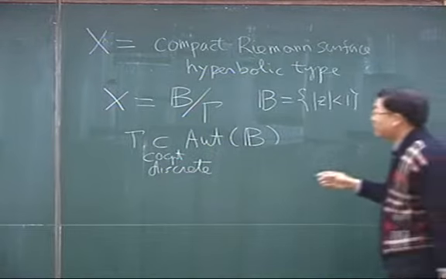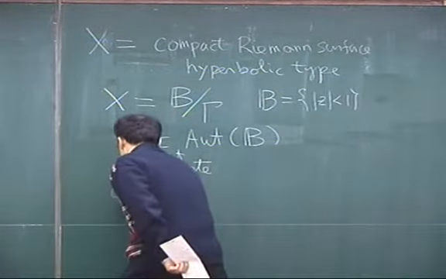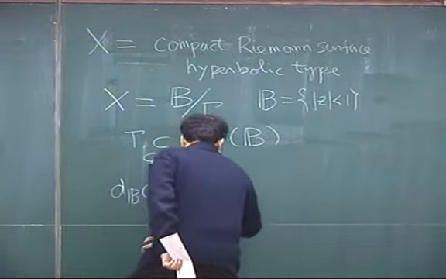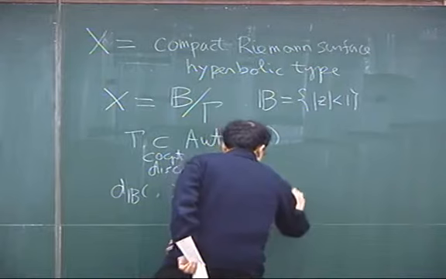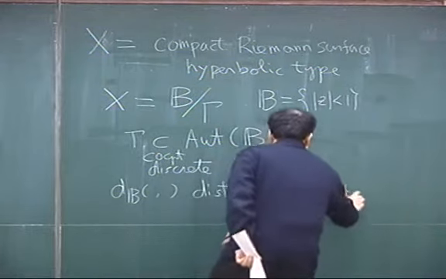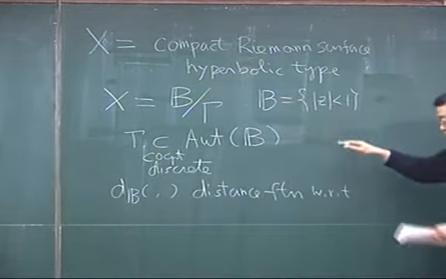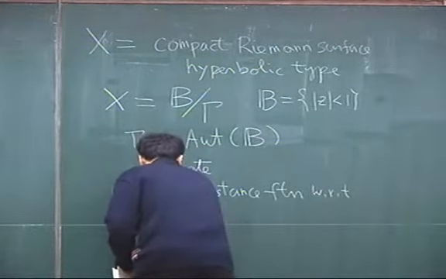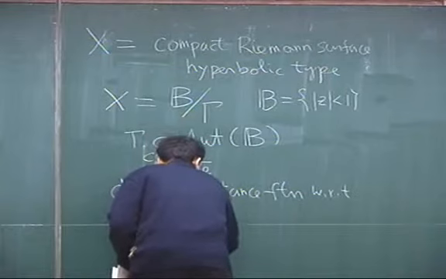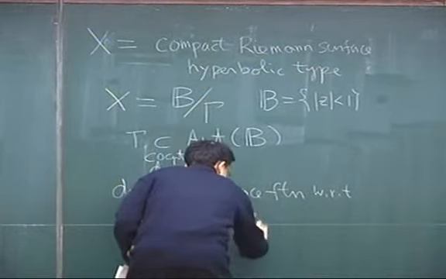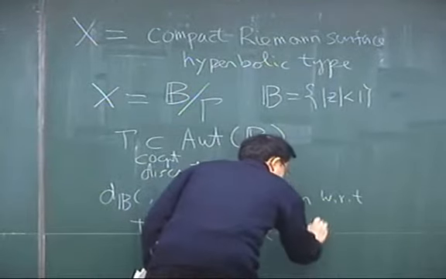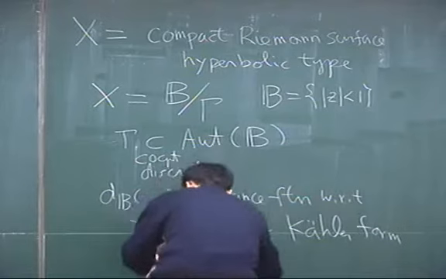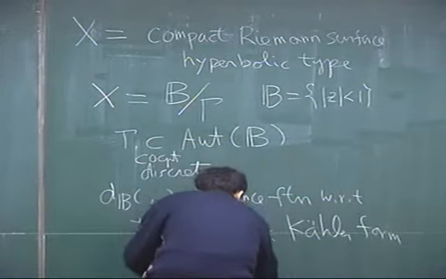Now let's denote by d_B the distance function with respect to, there's a natural metric on B, with respect to the hyperbolic Kähler form omega, which is omega_B.